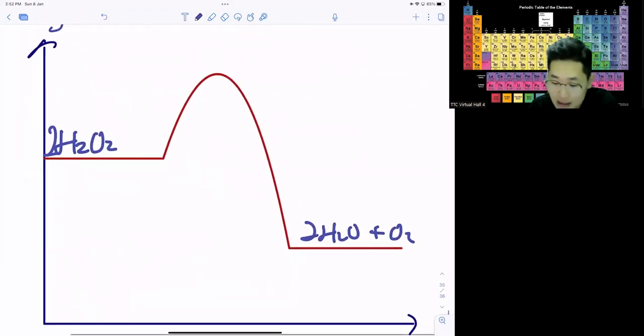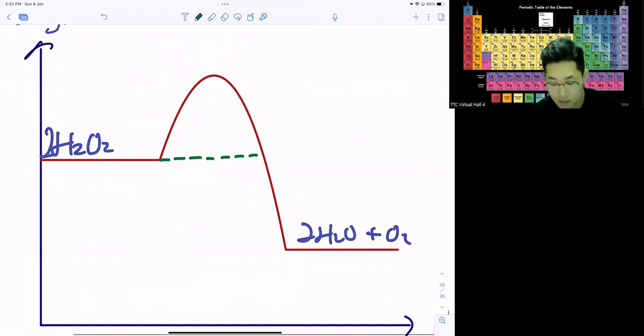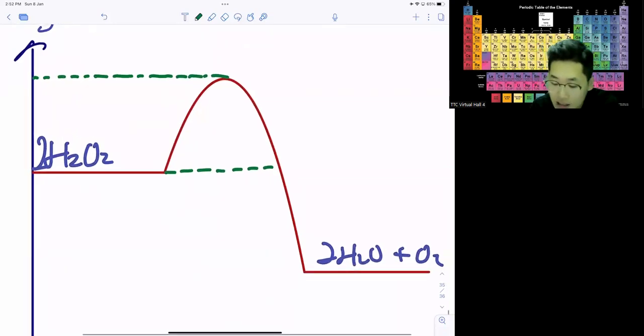And then, okay, the activation energy is in this mountain, okay?